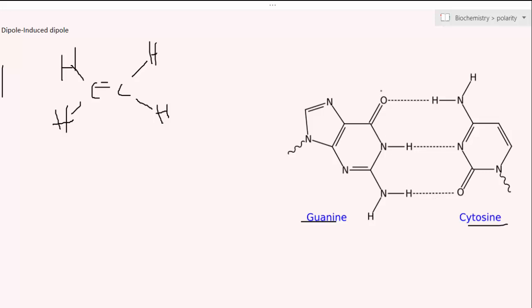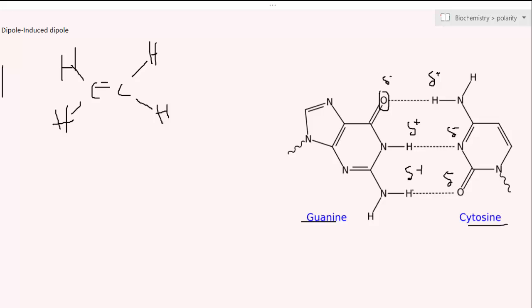You notice here, this is an oxygen, which is electronegative and bears a partial negative charge, and here is a hydrogen bonded to nitrogen, and it bears a partial positive charge. Here is the same, partial positive, partial negative, partial positive, partial negative.